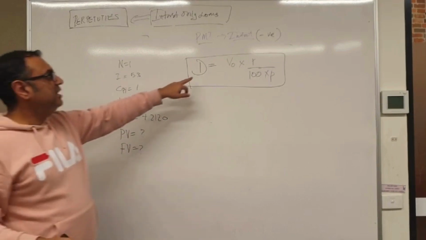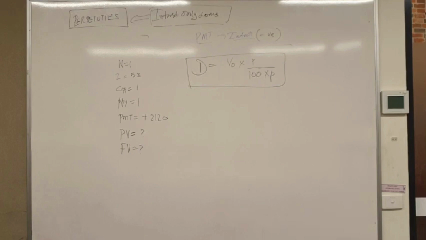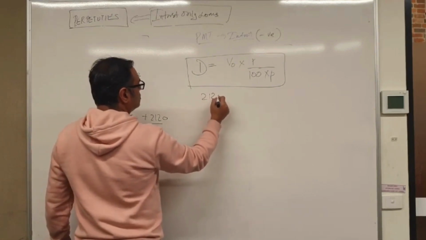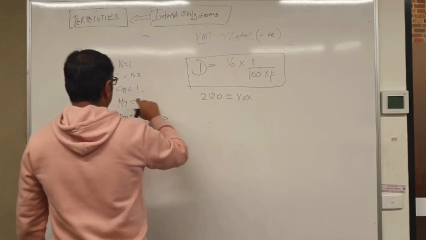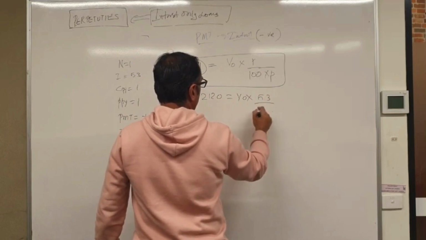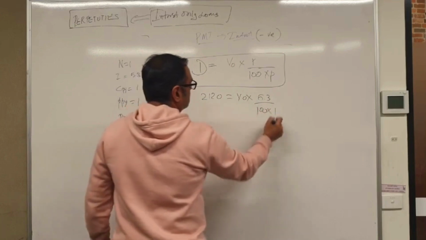The D is the payment amount. So you need to use this. Payment amount 2120 times V0 is something that I'm after. Rate of interest is 5.3 over 100 times. Compounding is happening once.